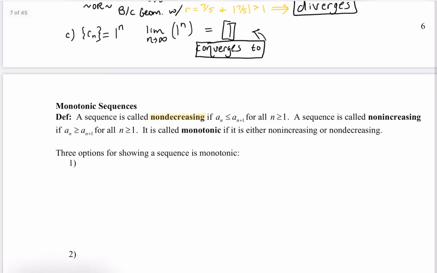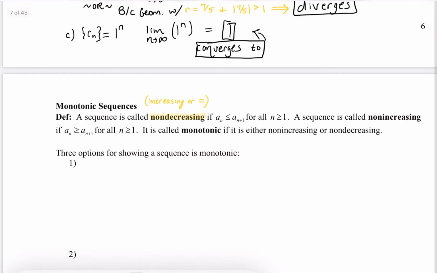So you can think of non-decreasing as increasing or equal. It doesn't have to be strictly increasing.